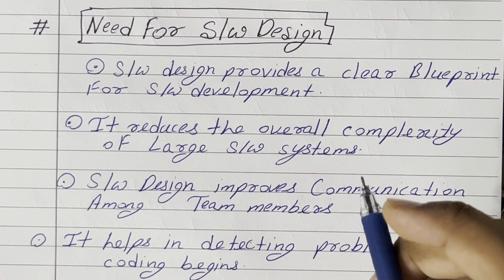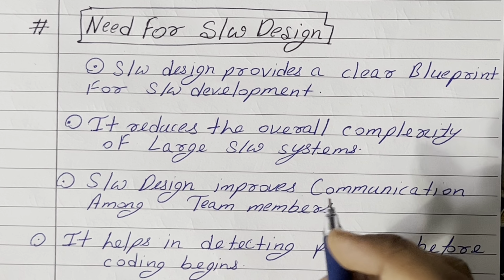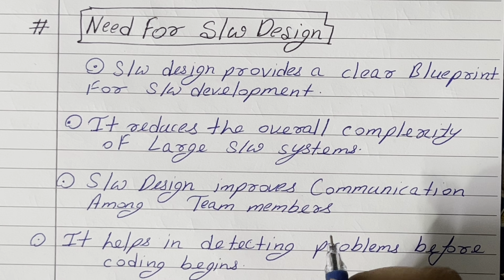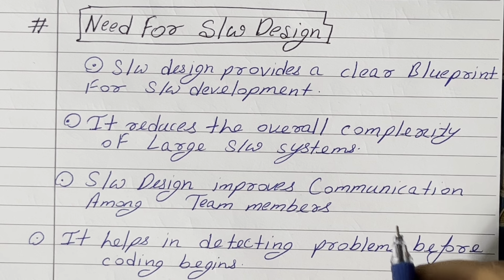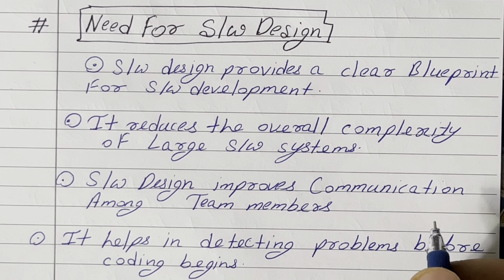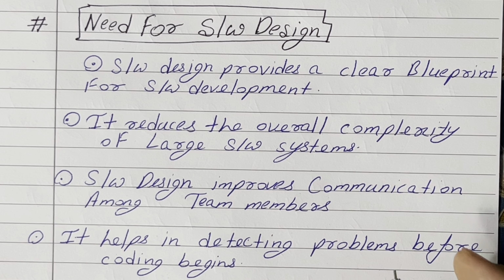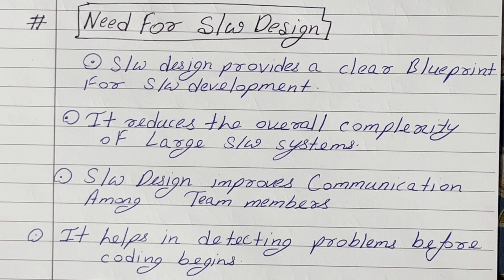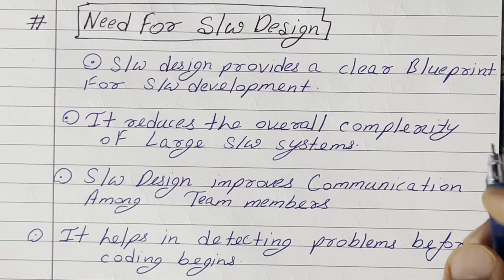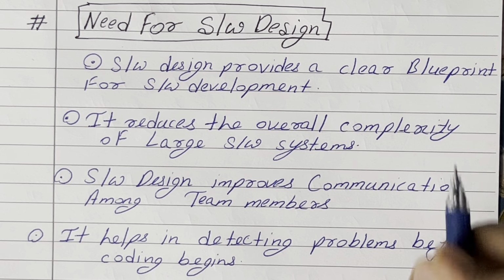Software design provides standardized documentation which clearly explains the responsibilities of every module and the interaction between different components. This helps in improving the coordination among team members and ensures that everyone works toward the same objective.